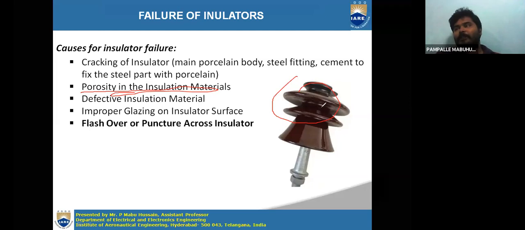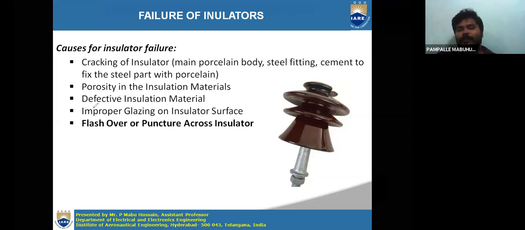When moisture is absorbed and the voltage increases, flashover occurs across the insulator. So there should not be any pores while manufacturing this insulator. You have to design it in such a way that there are no pores or holes.